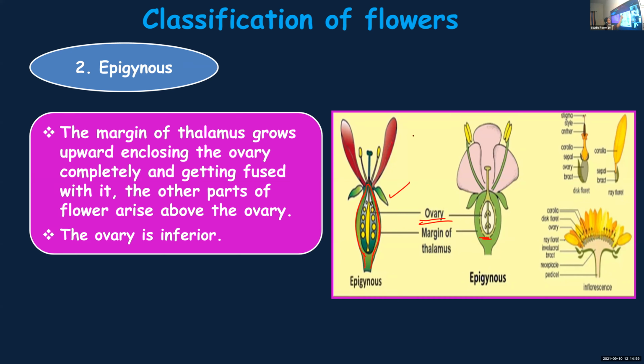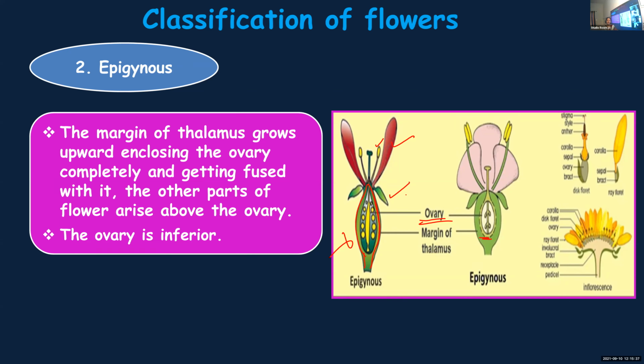Petals, sepals, stamen, all those are above the level of the gynoecium or the ovary. So the ovary is inferior, the ovary is below. So in epigynous flowers, the margin of the thalamus grows upward, encloses the ovary completely and gets fused with it. All the other parts you can see above the ovary, and the ovary will be inferior. Whereas in hypogynous flowers, the ovary is superior.